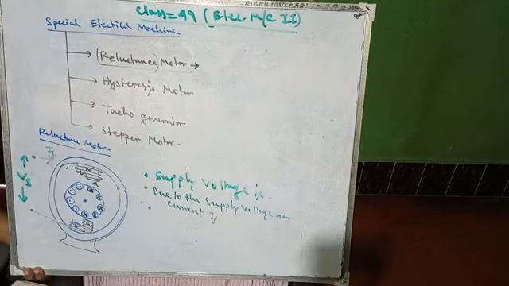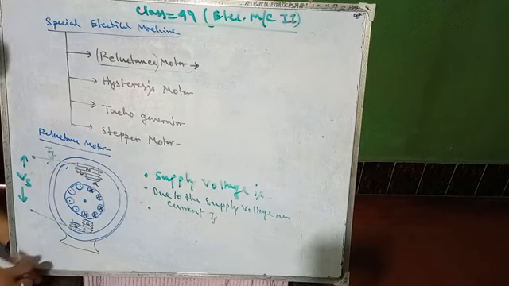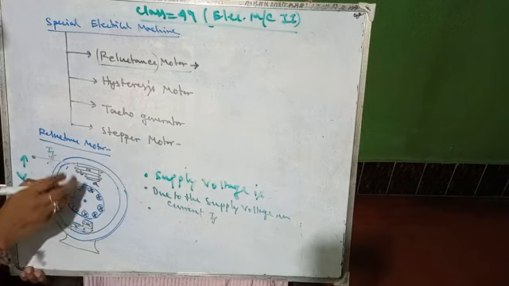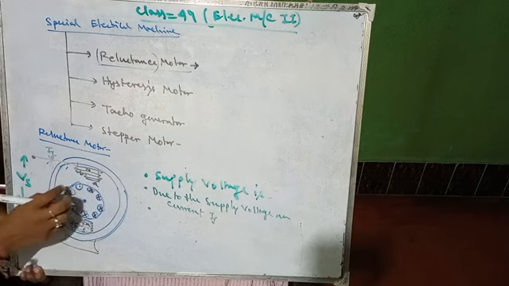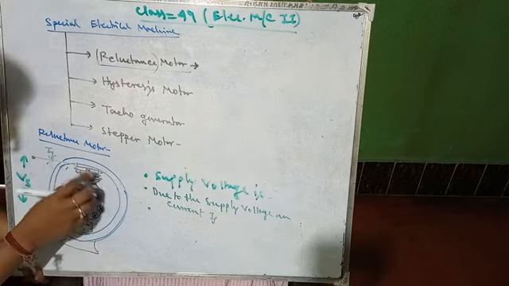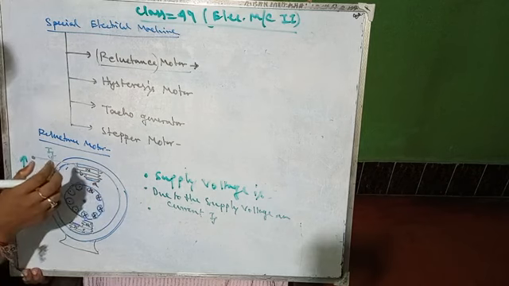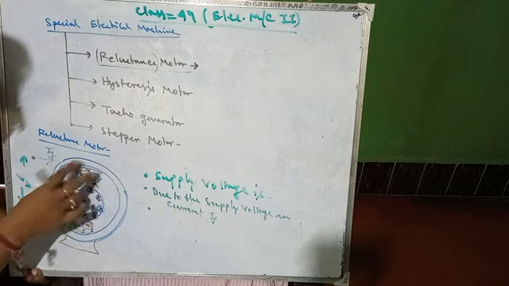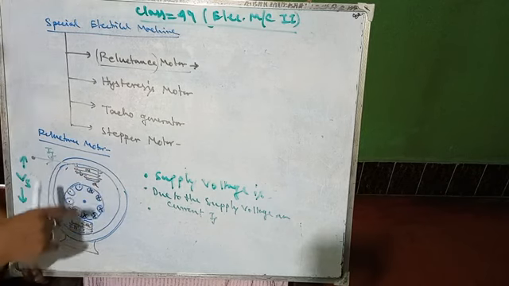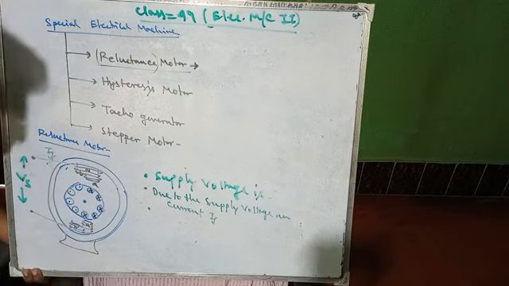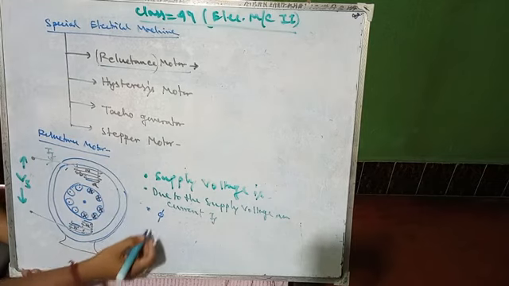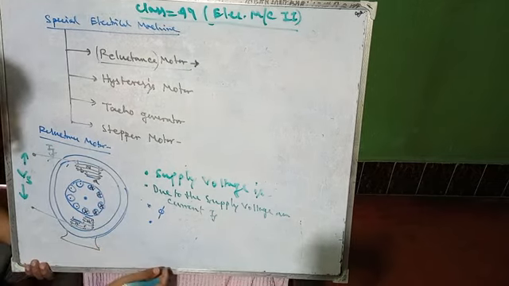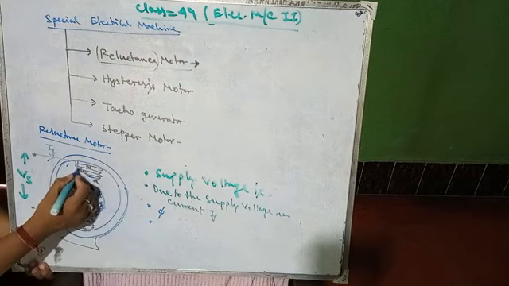When the current is flowing through the conductors which are installed over the poles, then it induces flux.